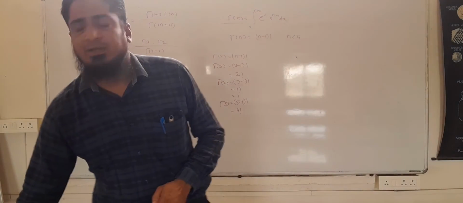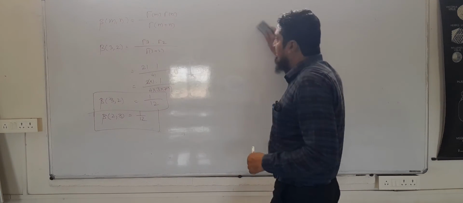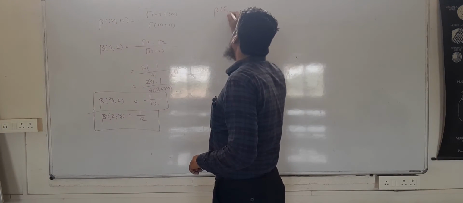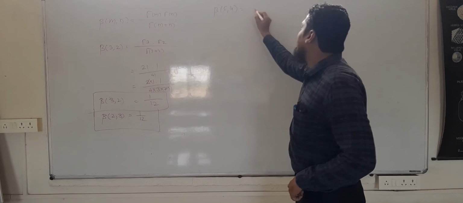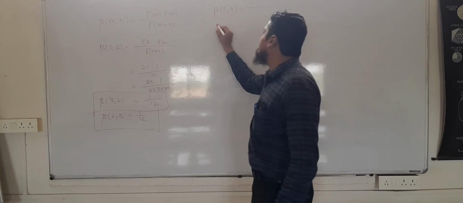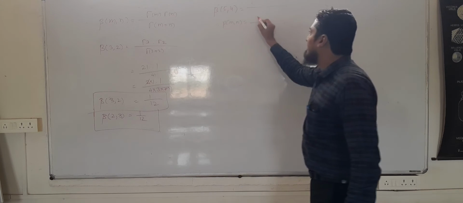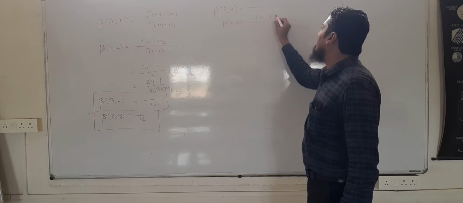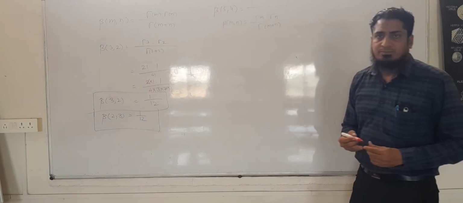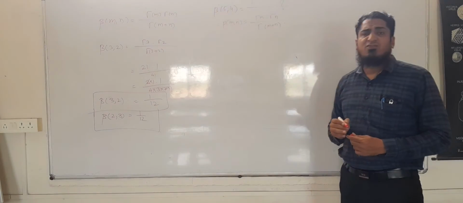Similarly, one more example. I am going to take beta of 5 comma 4. Since we know that beta of m, n is equal to gamma of m into gamma of n upon gamma of m plus n, we are going to find the value of beta of 5 comma 4.